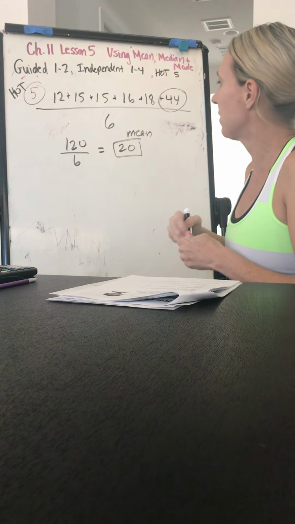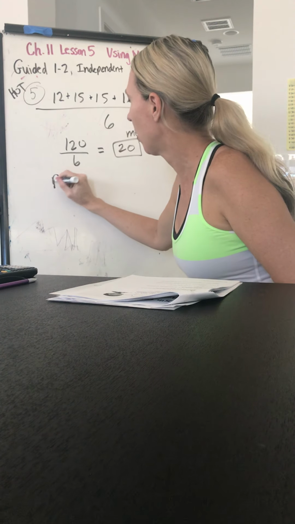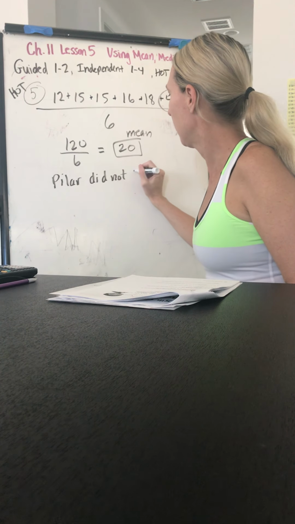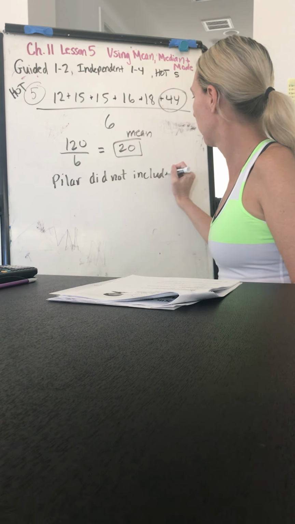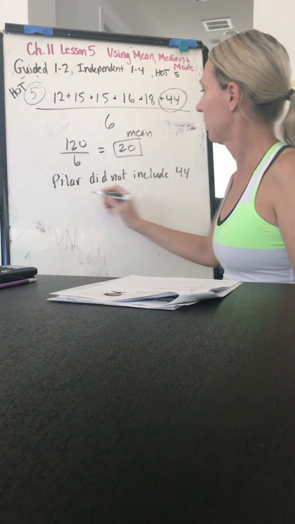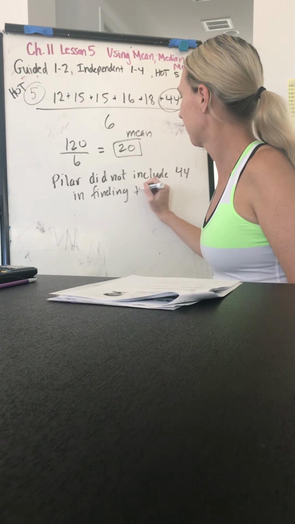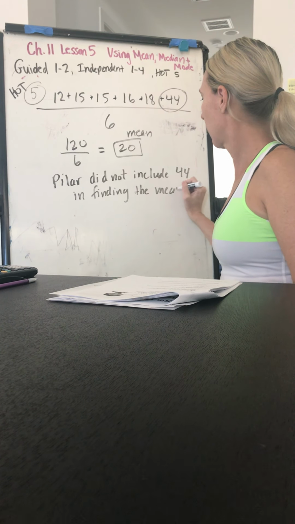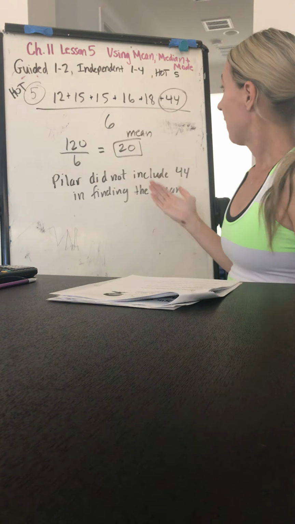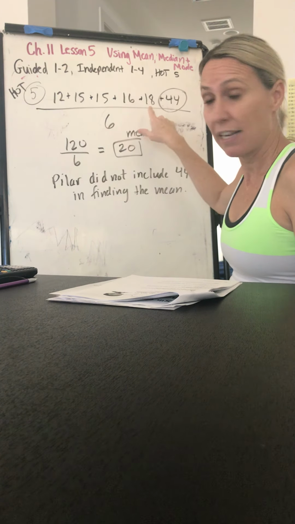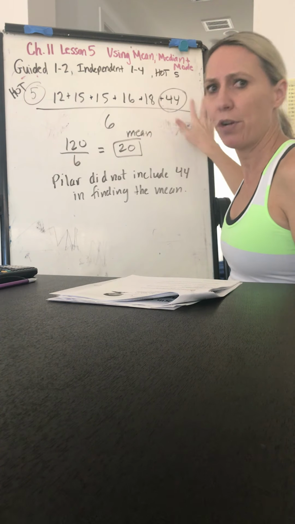Okay, so basically I would say something like, Pilar did not include 44 in finding the mean. I also would probably say that this looks like an outlier to me. See how big 44 is from the rest of the data? Everything's between 10 and 20, and then you have 44.